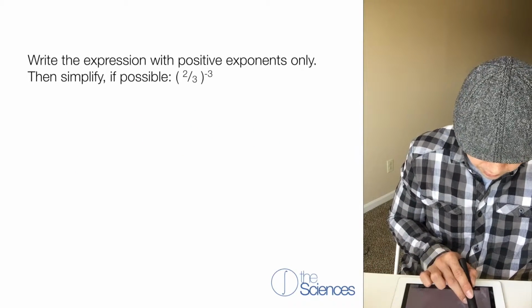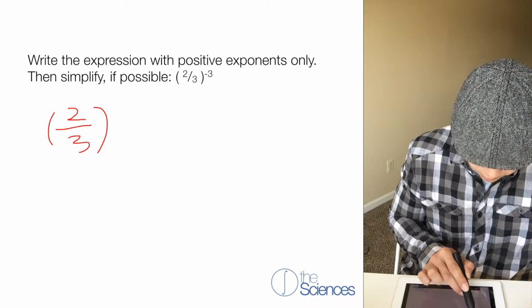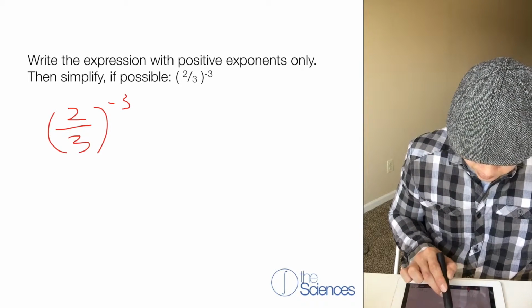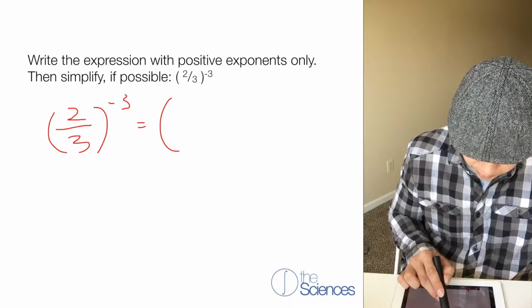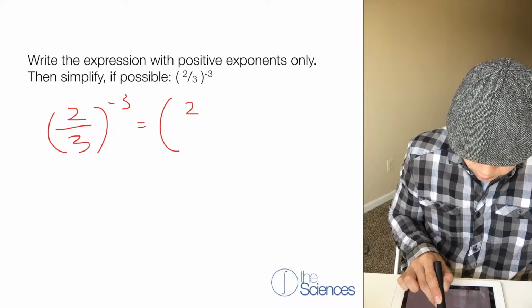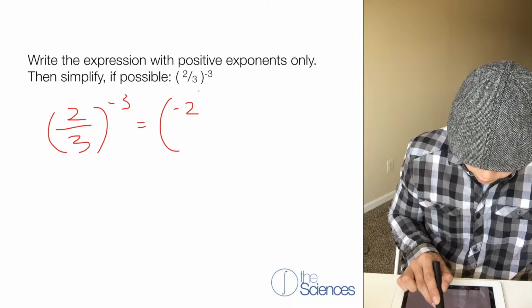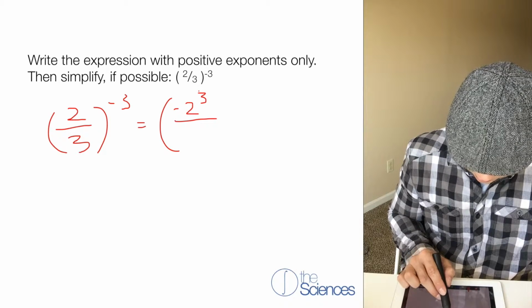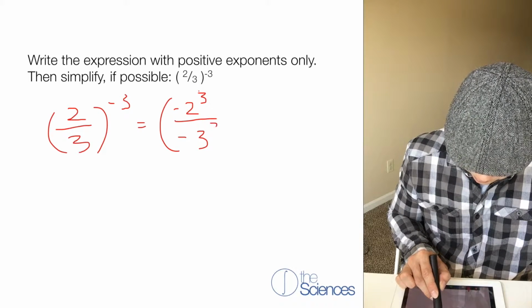And then here we have 2/3 raised to the negative 3rd power. So what we're going to do is distribute that exponent so that we get negative 2 to the 3rd power, then we have negative 3 to the 3rd power.